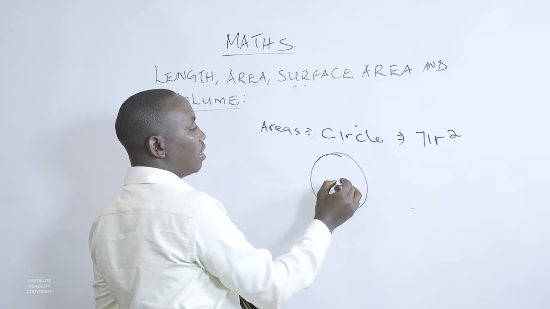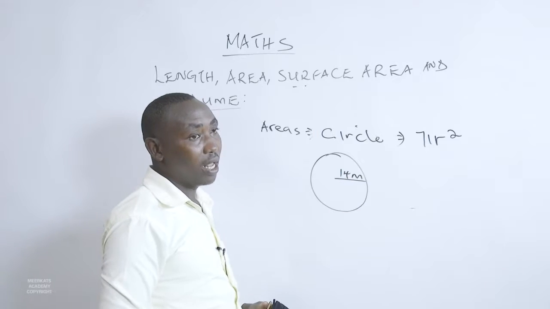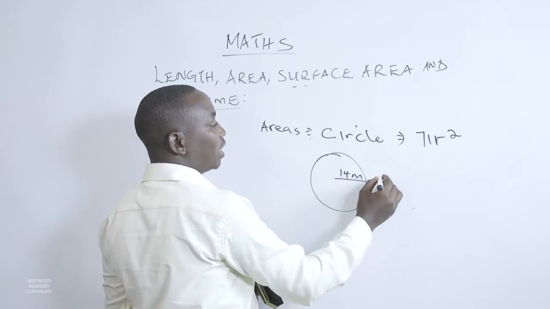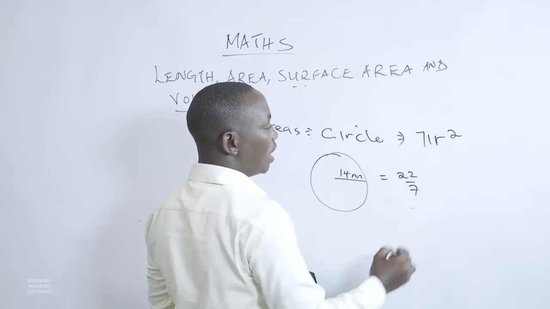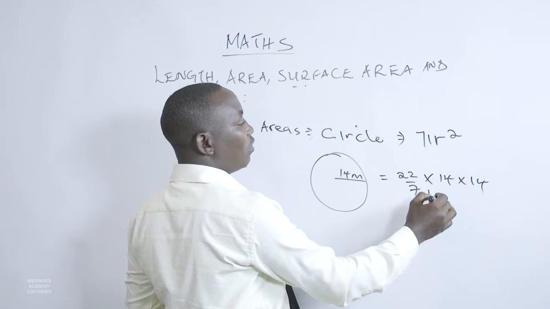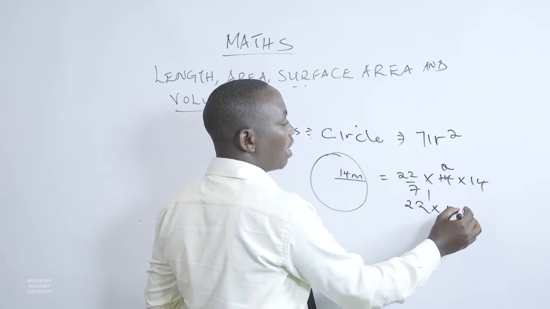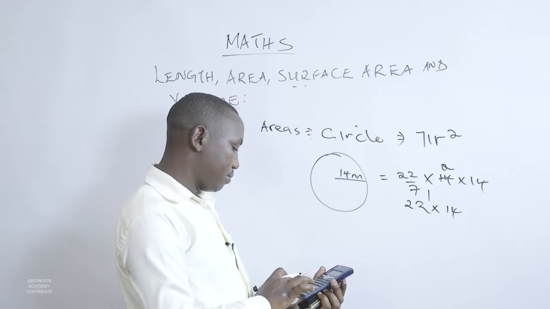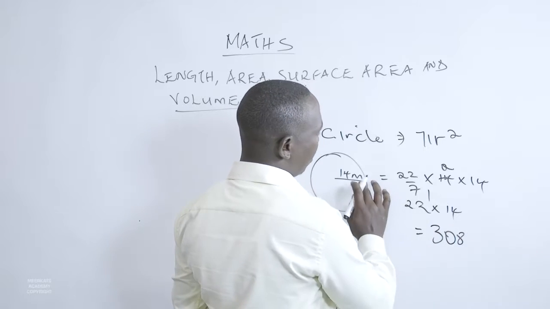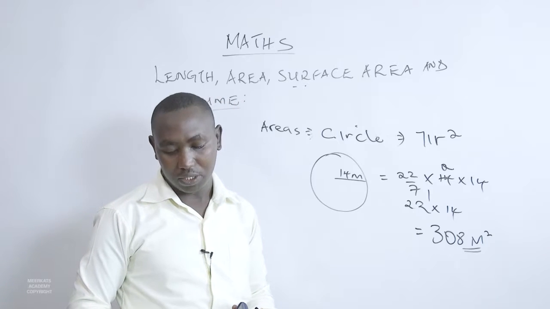So if you are given a circle which has a radius of 14 meters, for example, then you can obtain the area of this circle by using that formula, where pi is 22/7. The radius is 14 squared. So 7 will go into 14 twice, giving us 22 multiplied by 14, which will give us 308. The units are in meters, so we have square meters.